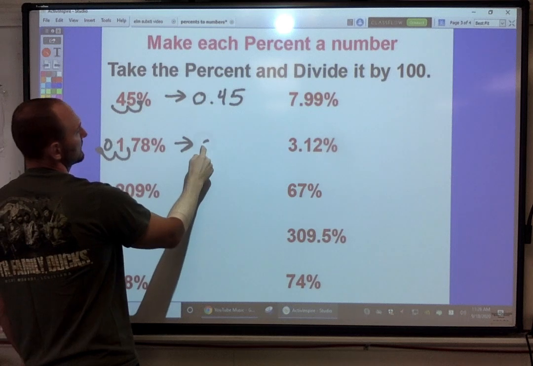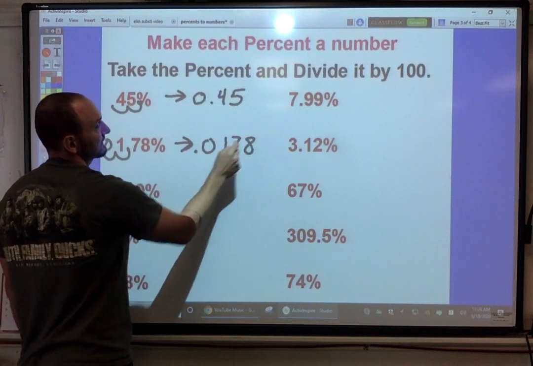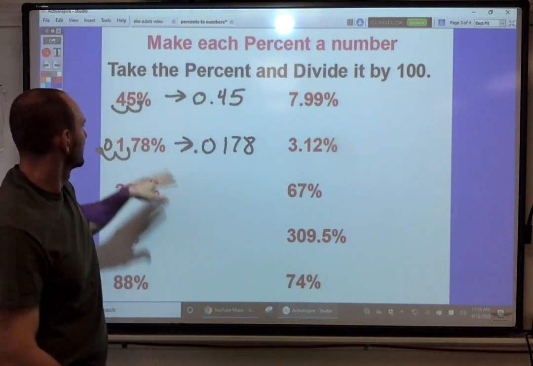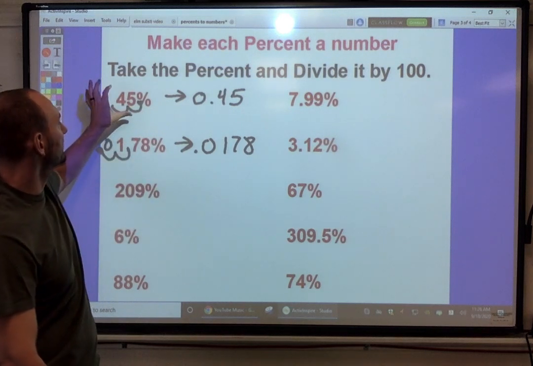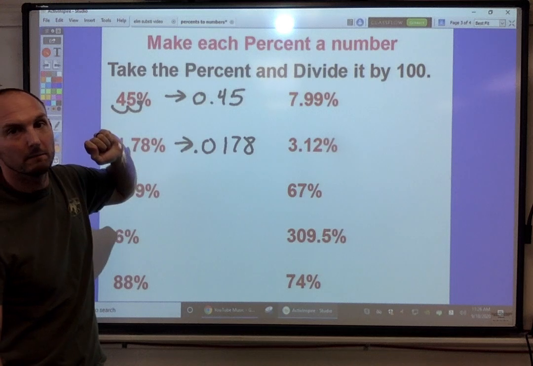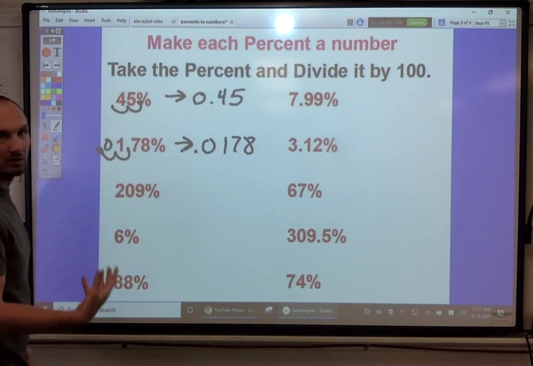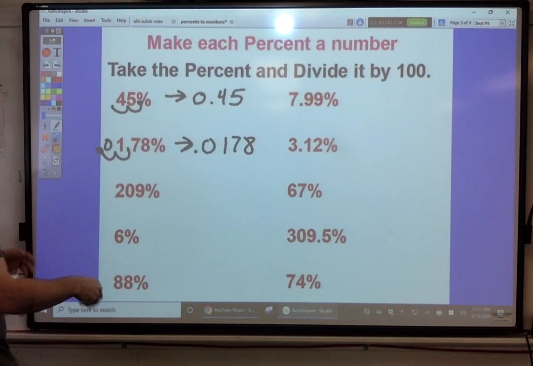That is really 0.0178 as a number. So if I were going to multiply by this percent, I would use this number. So if I wanted to know what 45% of something is, I would multiply by that decimal, or by that number. Because not all percents become decimals. So that's why I'm calling them numbers.